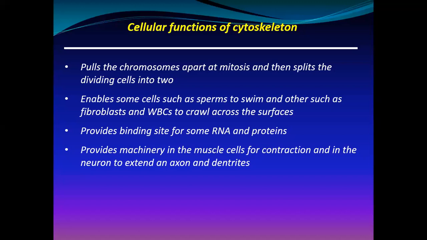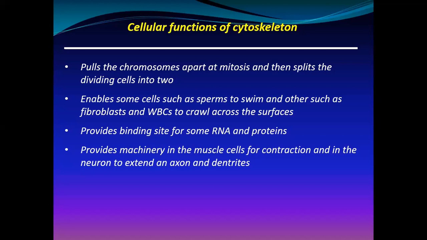The chromatids are pulled apart by spindle formation. The spindles are formed by the cytoskeleton microtubules. It also enables some cells such as sperm to swim. Sperm has a tail, that is called flagella.